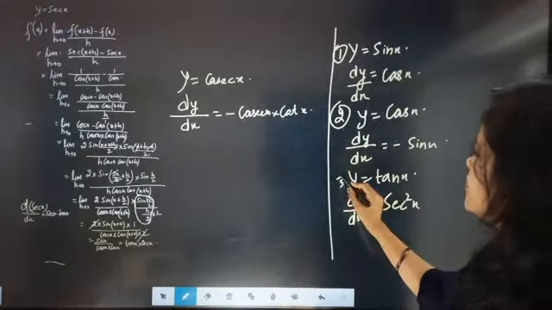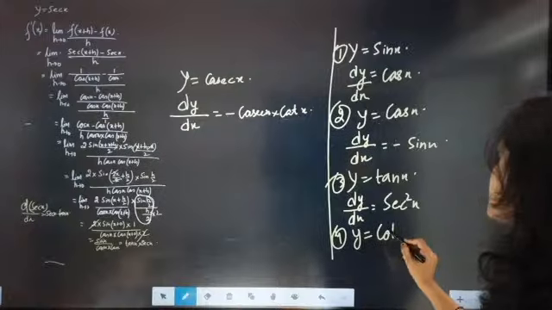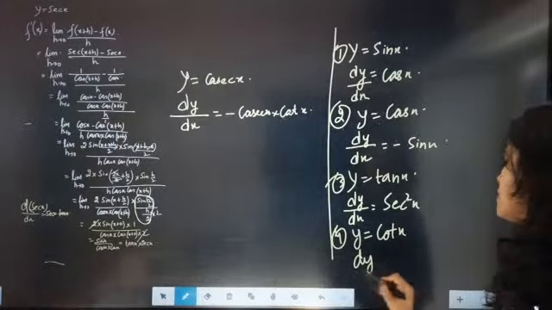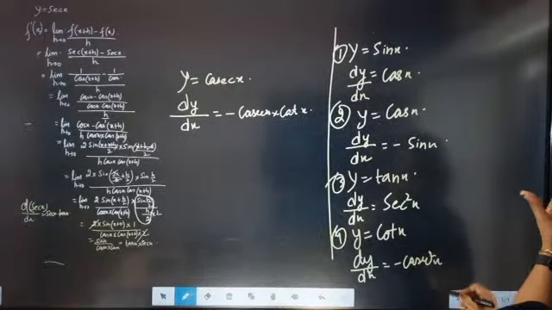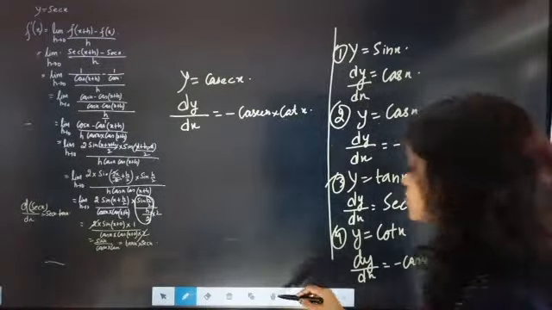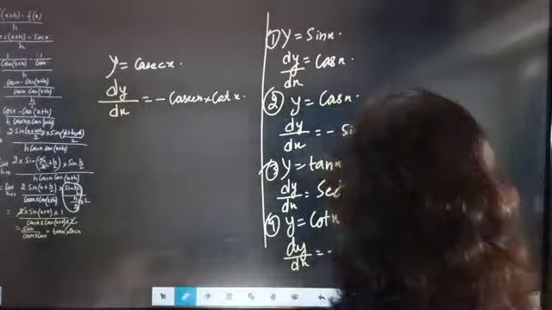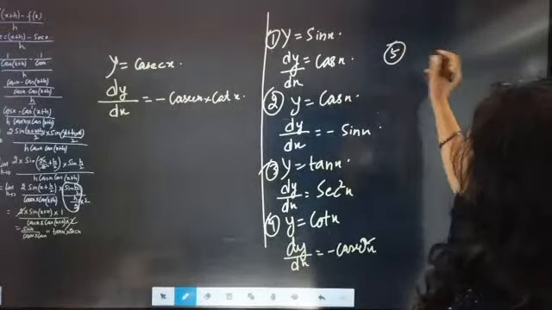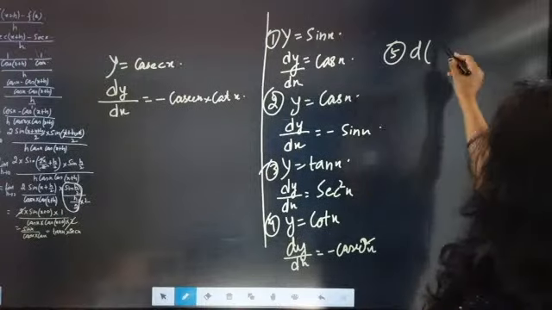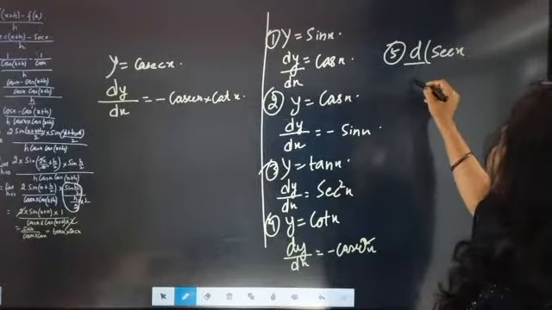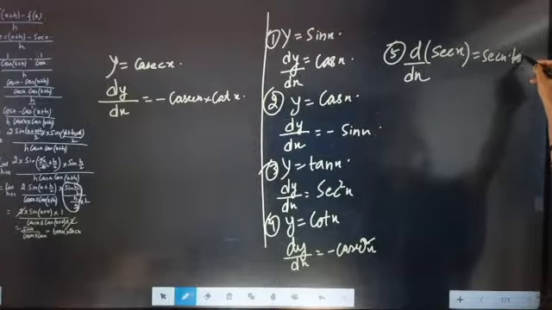Now this is the third one, differentiation of cot x is equal to minus cosecant square x. Now differentiation of secant x is coming as secant x into tan x.